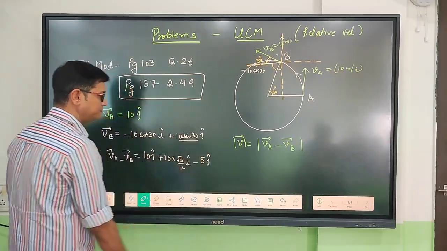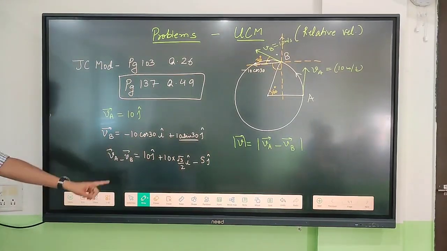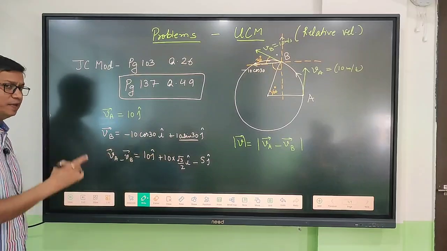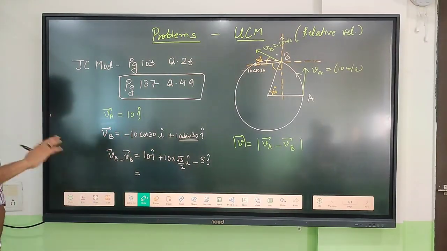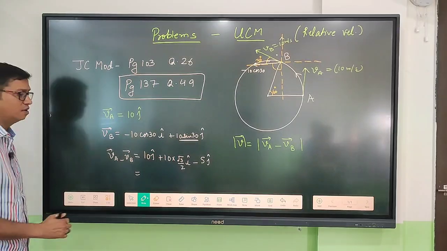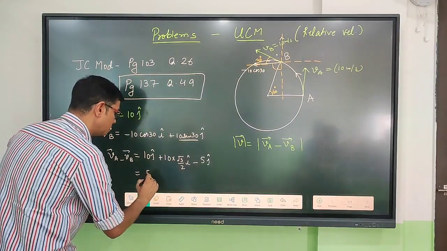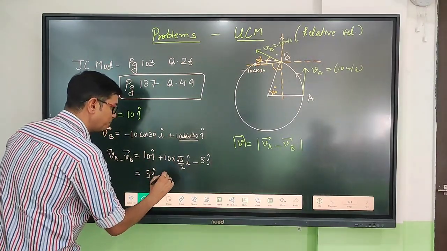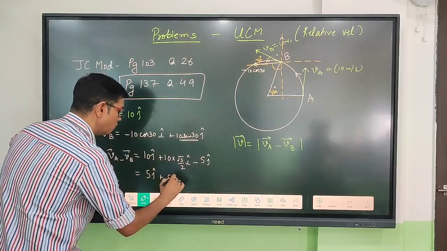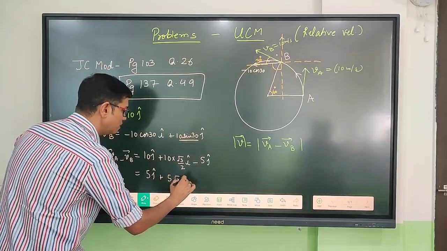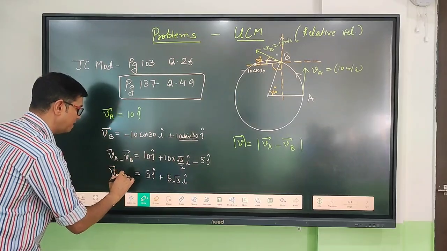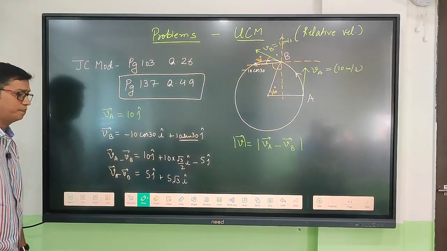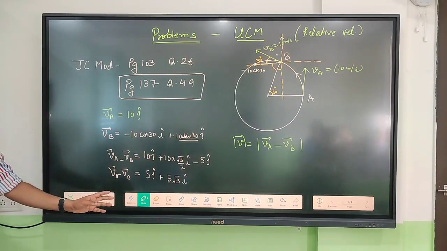This is 5. So 10J minus 5J would be just 5J. 10J minus 5J, J and J get handled together. So this will be 5J cap, and this will be plus 5 root 3 I cap. This is your vector VA minus VB. Right everyone?